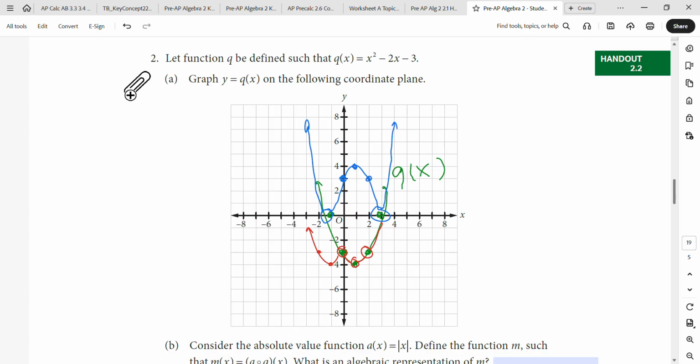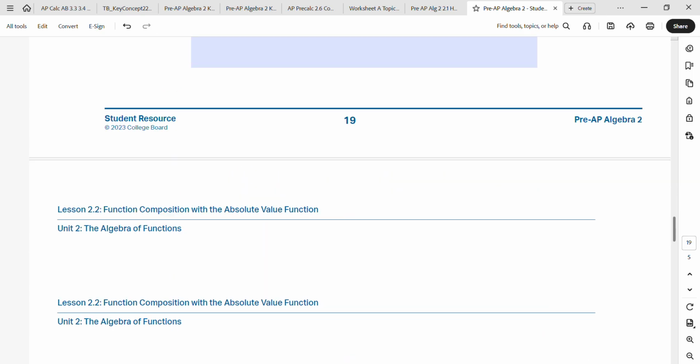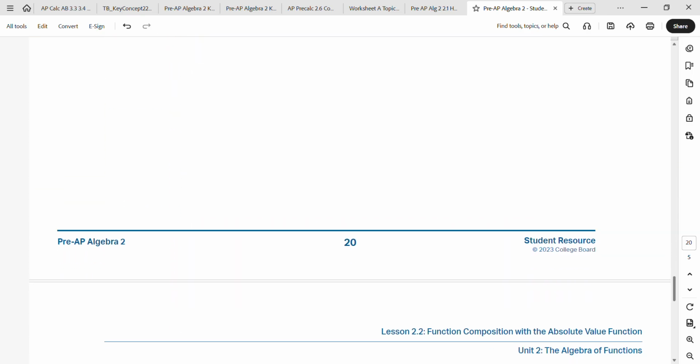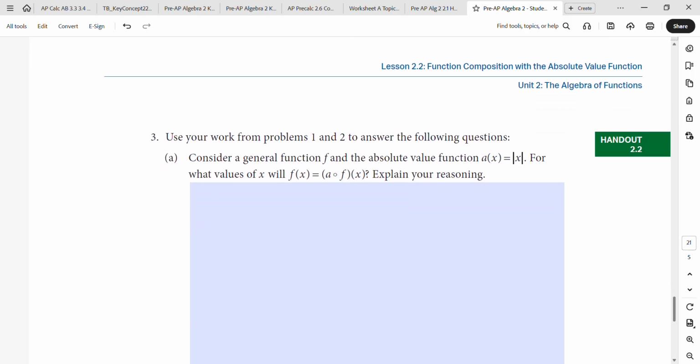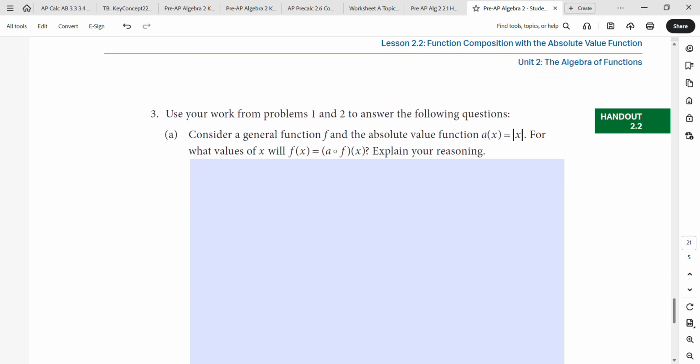Now number 3, when you're describing what each piece is dealing with, you're basically synthesizing the things that you've already seen in the earlier problems. So for part A, consider a general function and the absolute value function.